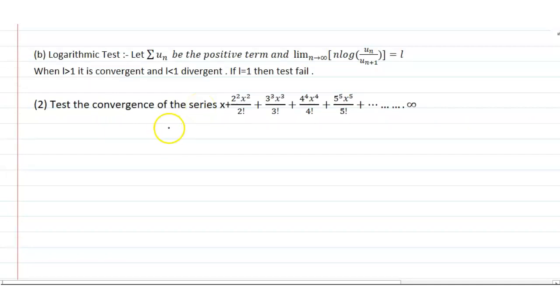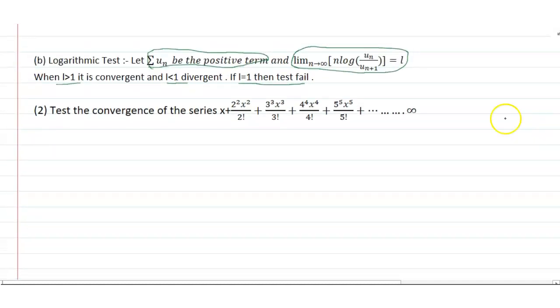For the logarithmic test formula, you have to remember that Un is a positive term, and the limit as n tends to infinity of n into log of Un divided by Un plus 1 is L. L greater than 1 is convergent, L less than 1 is divergent, and L equals 1, the test fails. So this formula is the logarithmic test, the point to remember.